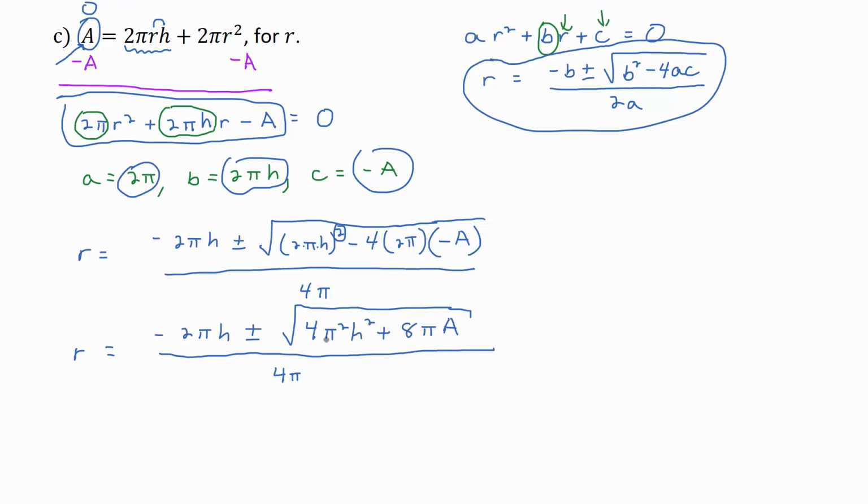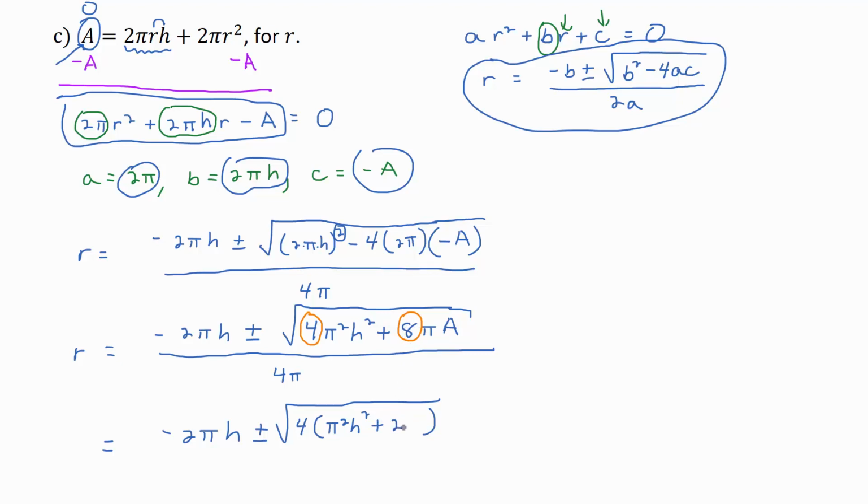Okay, now we can factor something out of the radicand. We can factor out a 4 from the 4 and the 8. We could also factor out a pi, but that's not going to help us. So I'm just going to factor out the 4 underneath that radical. Everything else stays the same outside of that. So negative 2 pi h plus or minus the square root. Factoring out the 4 gets us 4 out here, and then pi squared h squared is left over inside the parentheses, plus, what's left from 8 when you factor out 4?